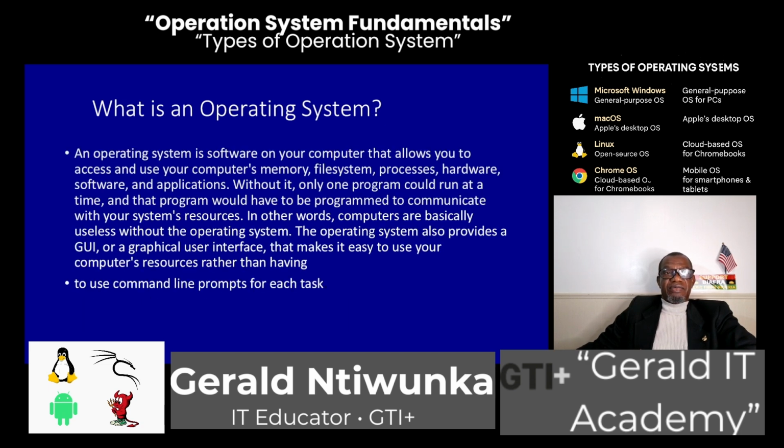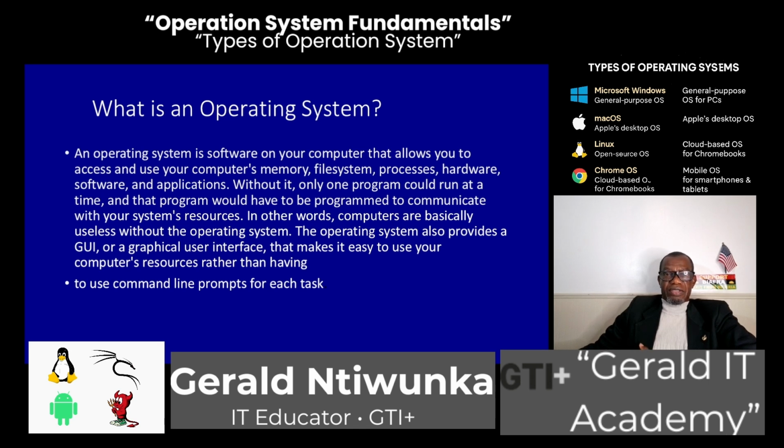Now, what is the meaning of operating system? Which is the definition? An operating system is software on your computer that allows you to access and use your computer memory, file system, processes, hardware, software, and applications. Without it, only one program could run at a time, and that program would have to be programmed to communicate with your system's resources.